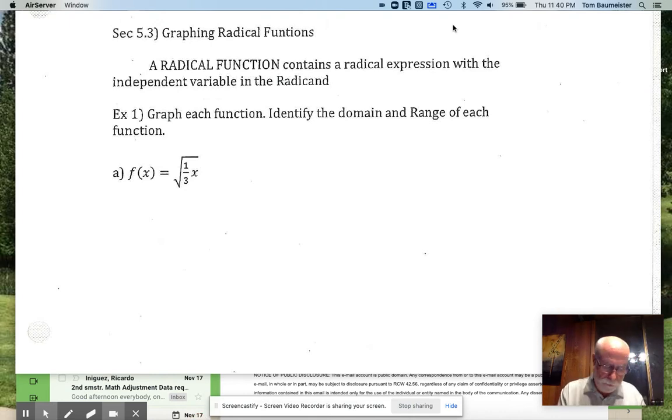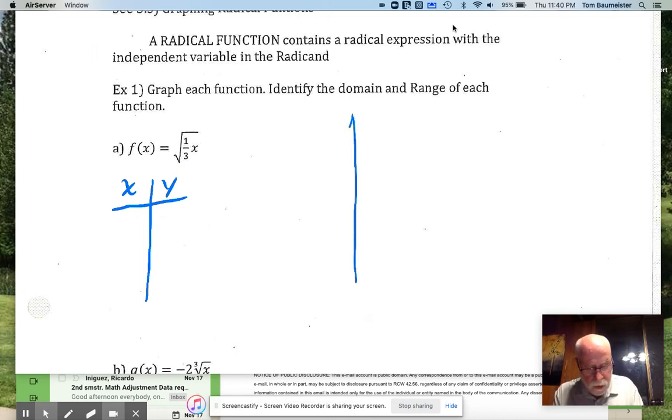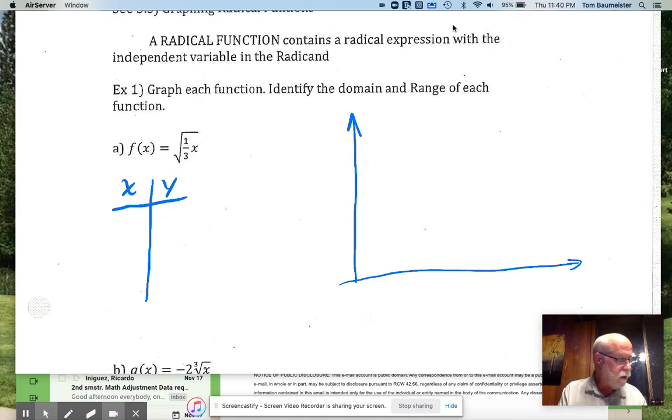So again, on this one here, I'm just going to go ahead and make a quick t-table for you. Now, since it is a square root there, remember you're not going to have anything in the negative because that would make it not be a function, and they told you it was a function.